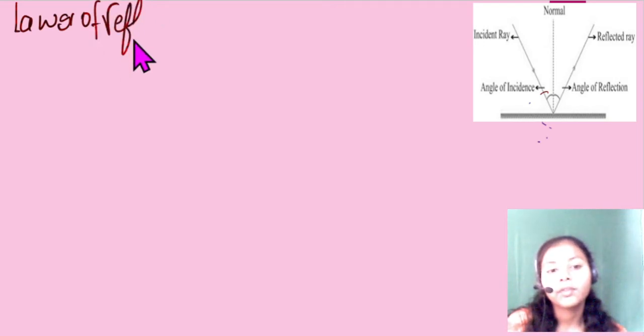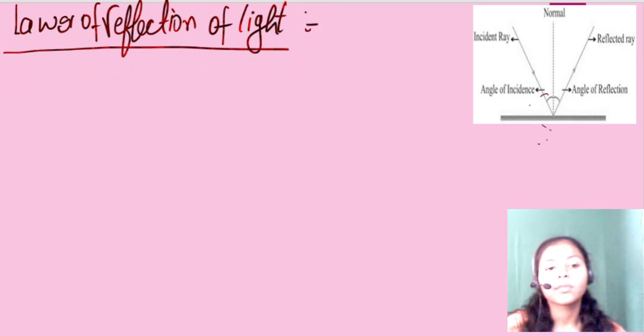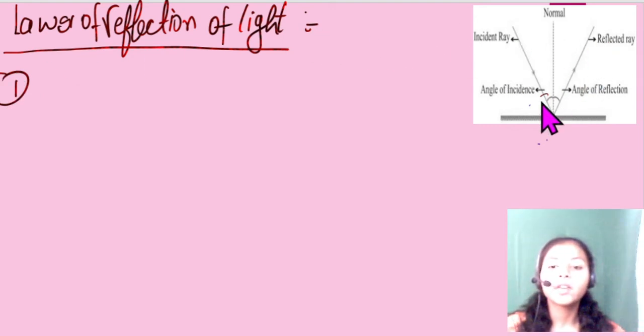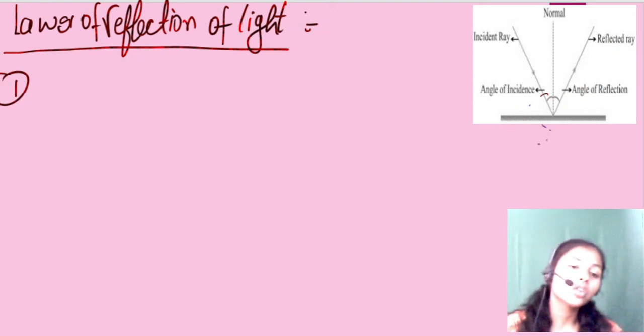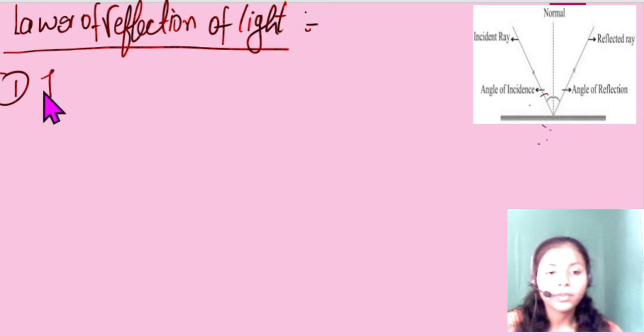Laws of reflection of light. The first law of reflection of light is that the incidence ray, the normal and the reflected ray lie on the same plane. So what is our first law?